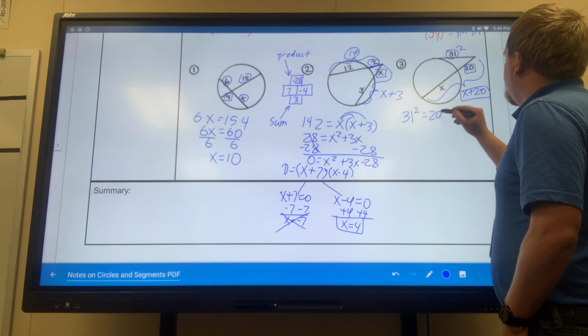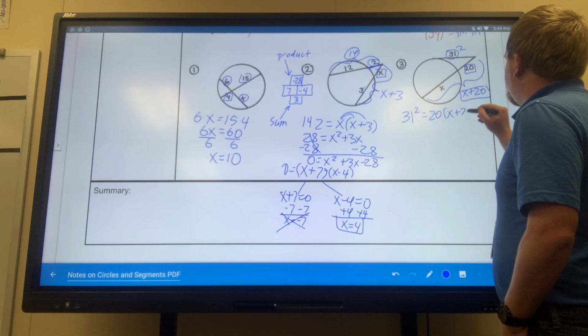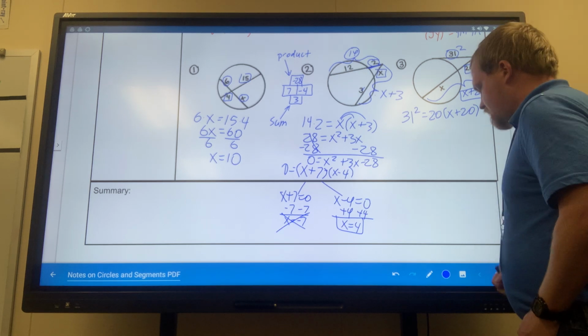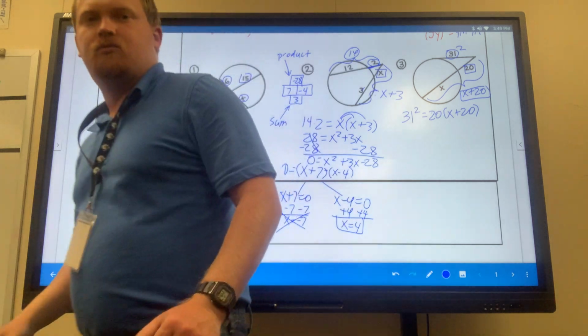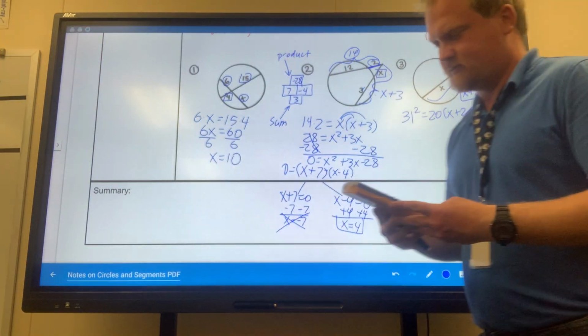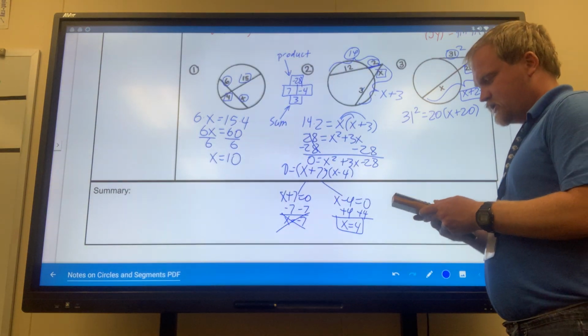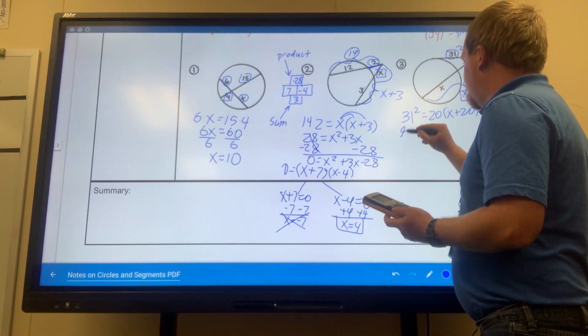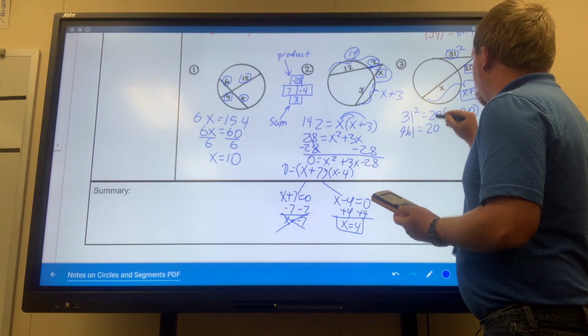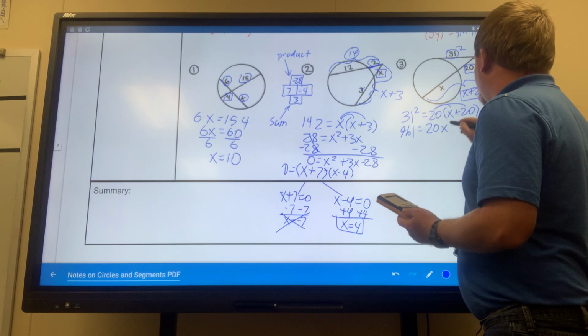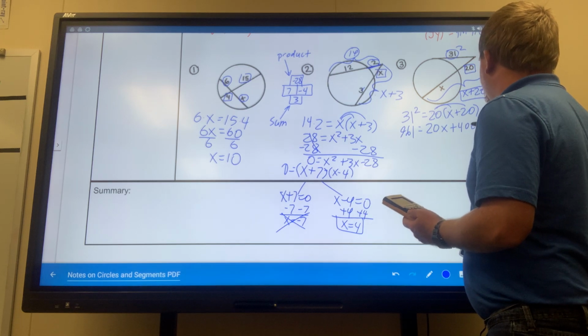So I'm going to square the 31, with my calculator right here. 31 squared is 961. Distribute the 20: 20x plus 400.